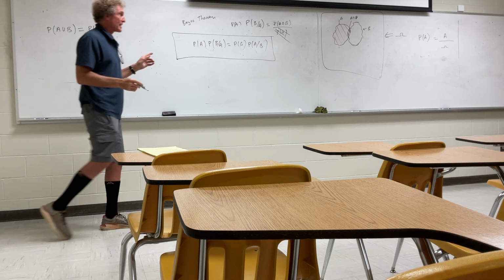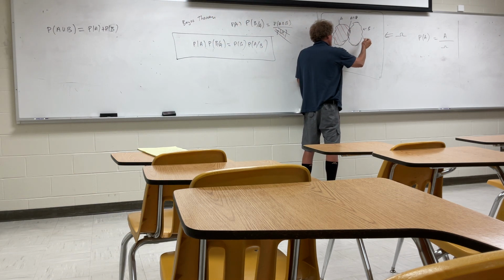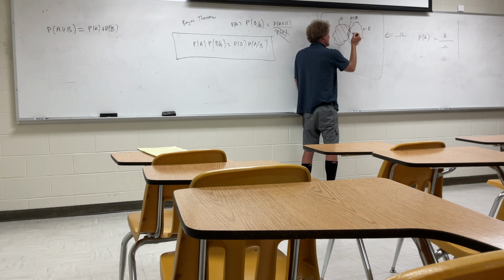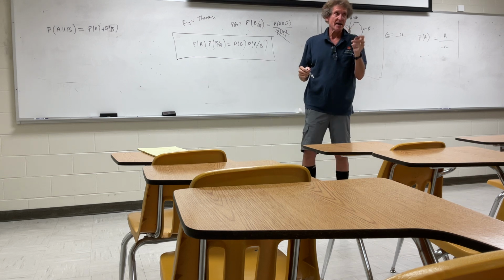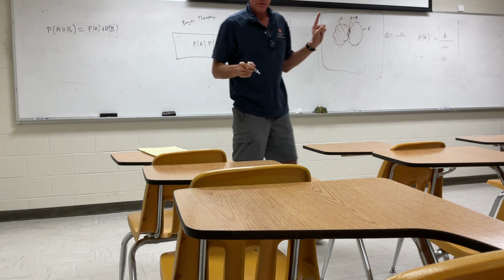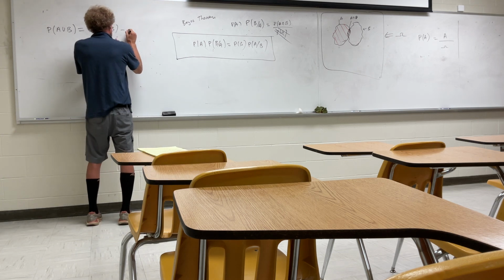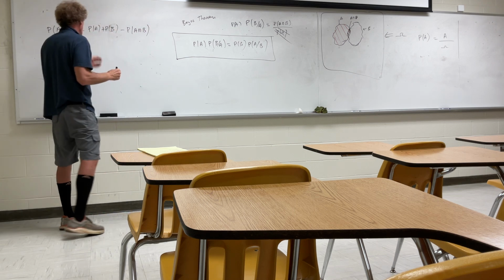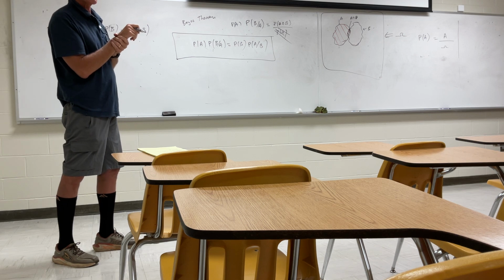But look, if we take this and add to it this, the probability of this, we've actually included this twice. Y'all see that? So we have to subtract it one time. So now you have to say that plus that minus the probability of A intersect B. And that would be the probability of A or B occurring.